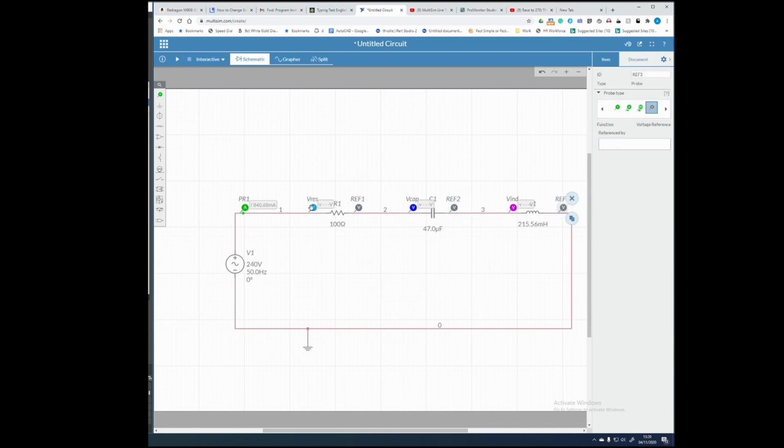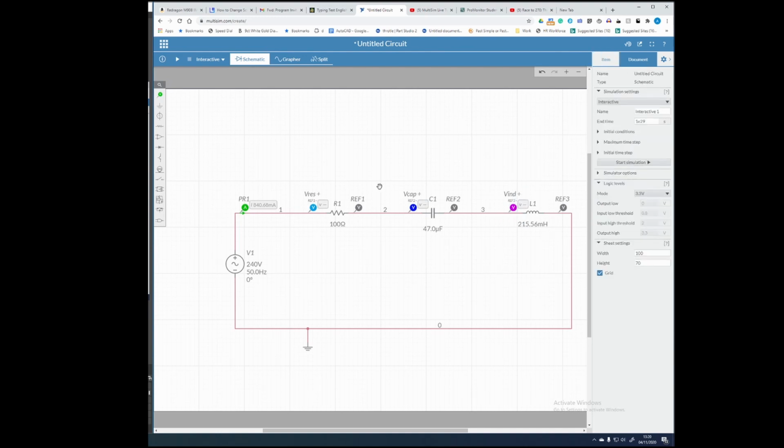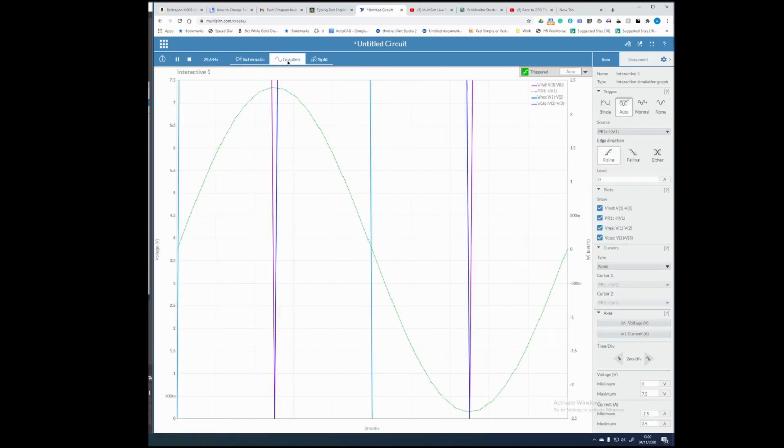We can leave these as refs as long as we know that VRes needs to be referenced to ref1, V capacitance needs to be referenced to ref2, and V inductance needs to be referenced to ref3. They all should be reading correct now. That's okay.